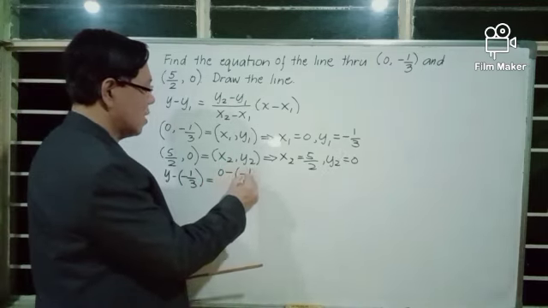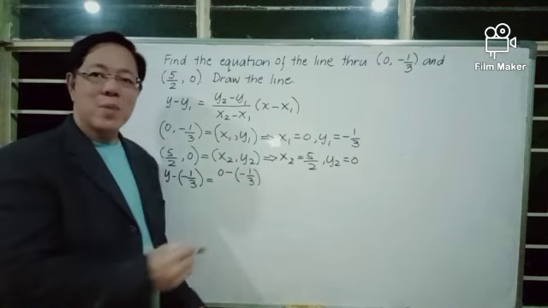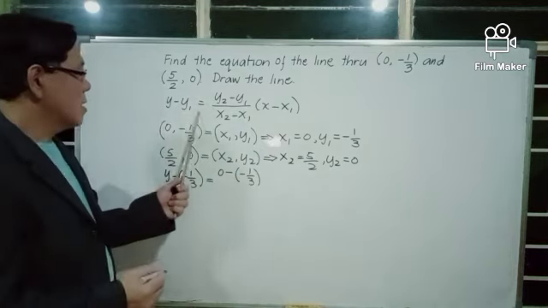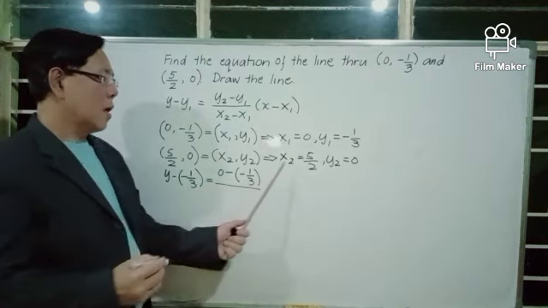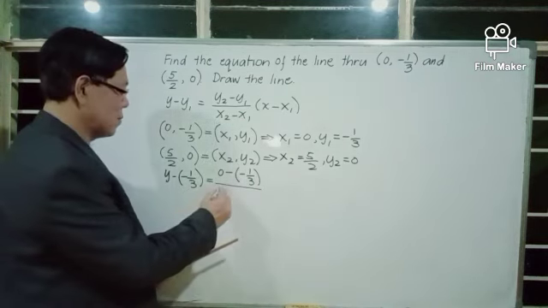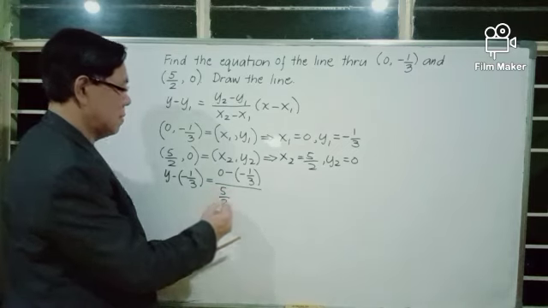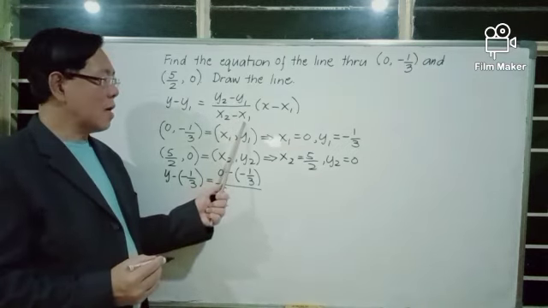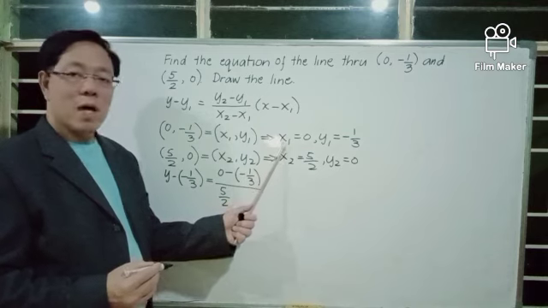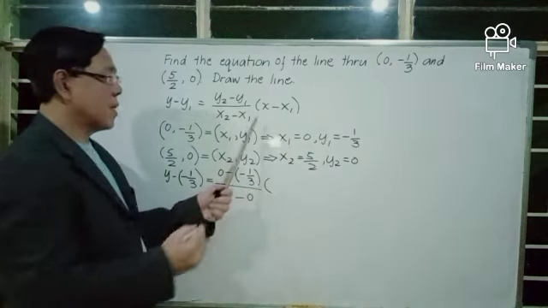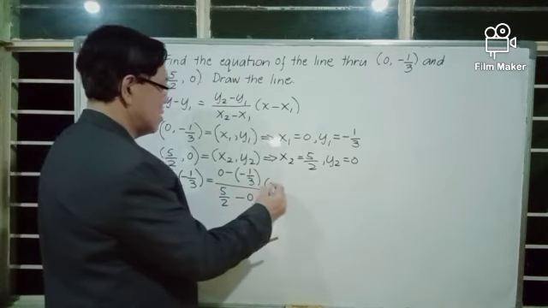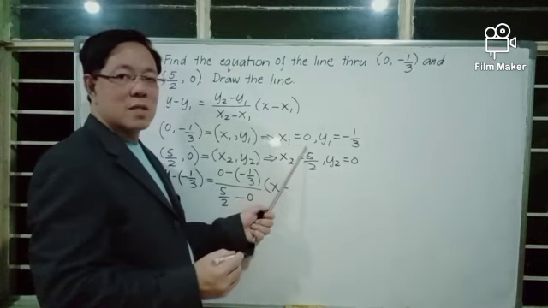We write negative 1/3 in parentheses, all over x2. Our x2 is 5 over 2, minus x1, and our x1 is 0, minus 0. Multiply by x minus x1, and x1 is 0.